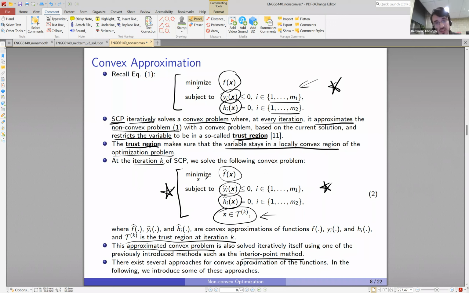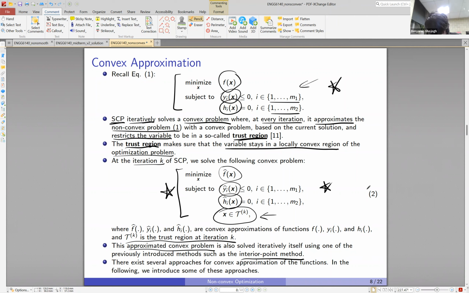Why? Because we know that equation 2 is a convex optimization problem, and whatever we introduced so far in this course were convex optimization methods for solving convex optimization problems. So it can be solved by them, such as the interior point method or the log barrier method.